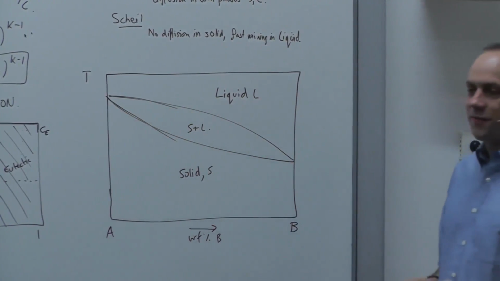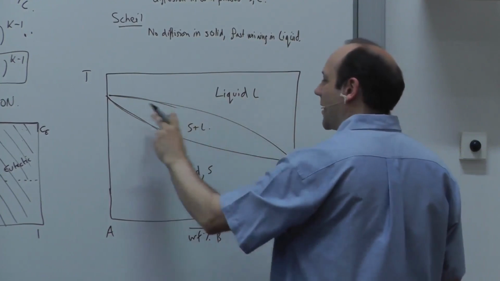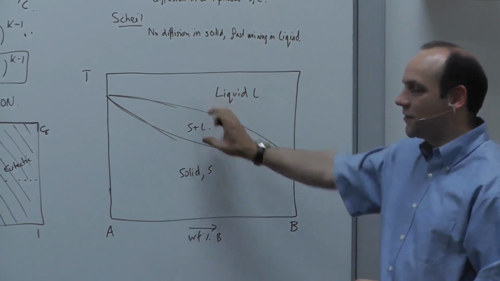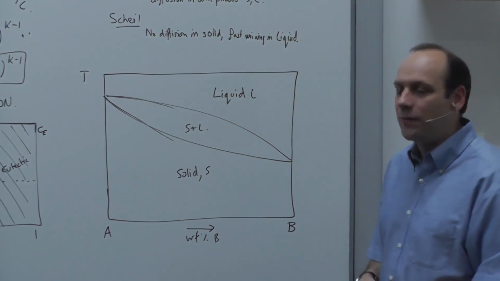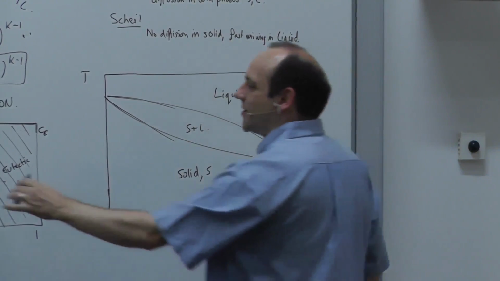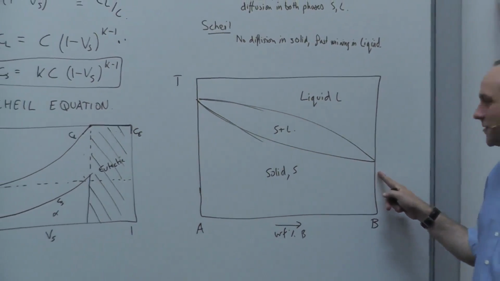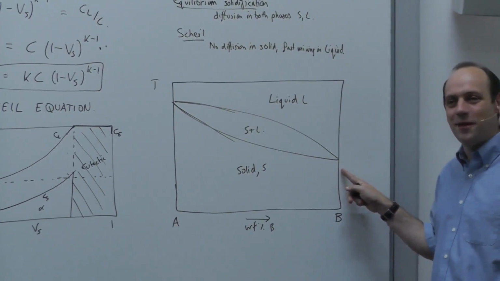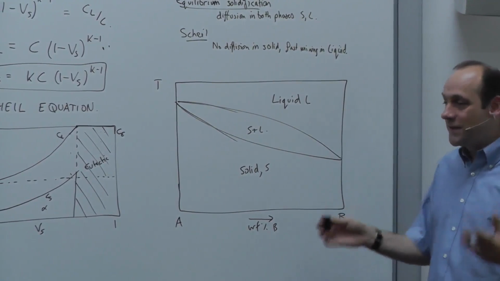CS over CL. And you notice here, K is changing a little bit because these lines aren't really straight. But you could make some assumption and make it work. But the problem would be that CS and CL will keep going to infinity, and they can't go to infinity because the composition can only go to 1. It can only become pure B. It has no meaning beyond that. So it's physically unreasonable.